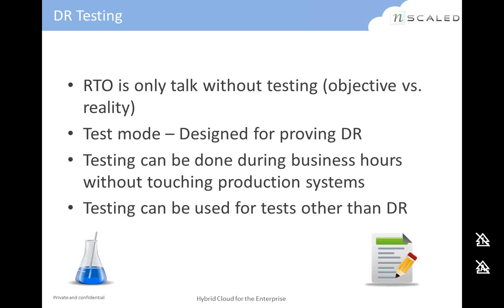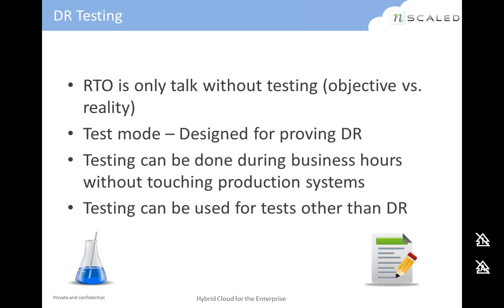So you're really bringing up a copy of your AD environment in an isolated network, not letting it talk back to everything else. This gives you the ability to fire up your servers, fire up your SharePoint environment, test it, make sure it works the way you expect it to, document what your DR recovery procedures are, and then prove that you can execute it.